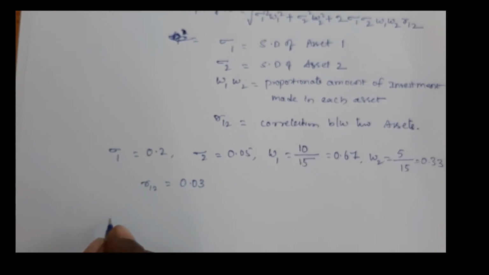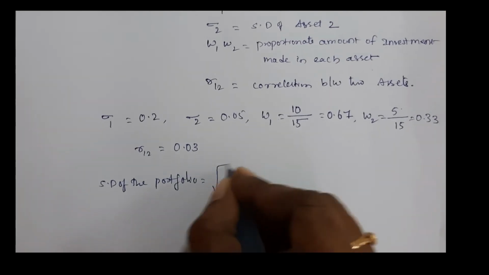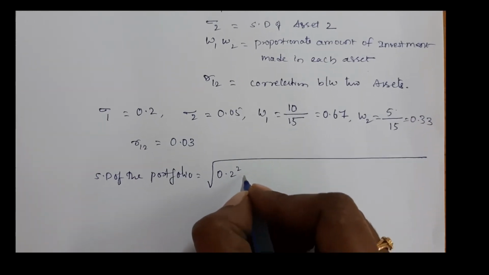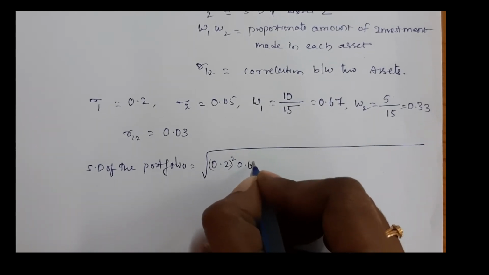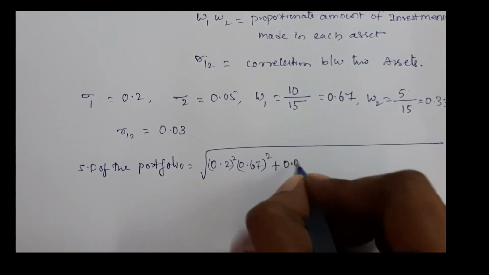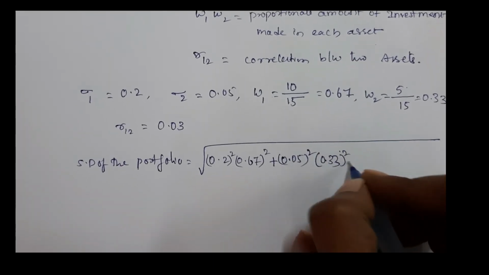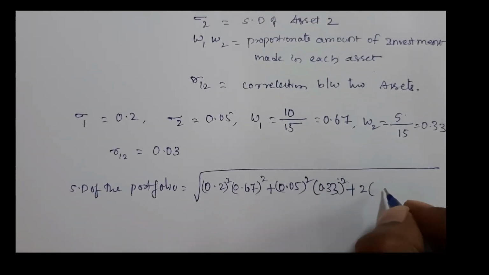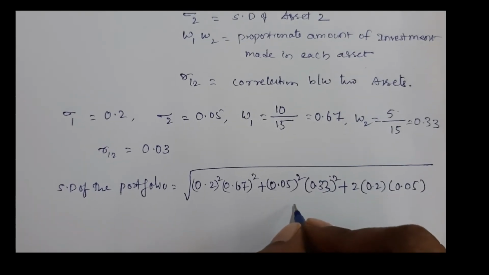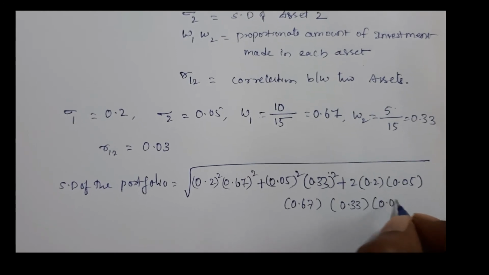Now we need to calculate standard deviation of the portfolio, where square root of sigma 1 square means 0.2 square, w1 square means 0.67 square, plus sigma 2 square means 0.05 square into w2 square means 0.33 square, plus 2 into sigma 1 means 0.2, sigma 2 means 0.05 into W1 means 0.67, W2 means 0.33 into R12 means 0.3.